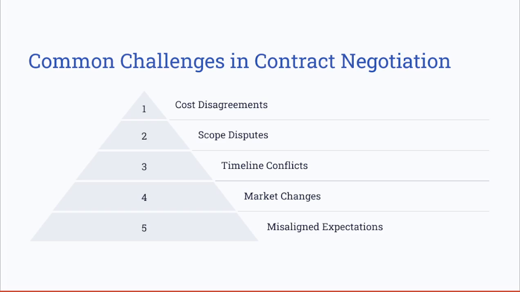Common challenges you might face as a project manager in contract negotiation. Contract negotiation can face different challenges such as disagreements on cost or delivery schedules and timelines, as well as unforeseen market changes that impact the terms themselves. For example, during the pandemic, some goods and materials prices increased due to the logistics changes.